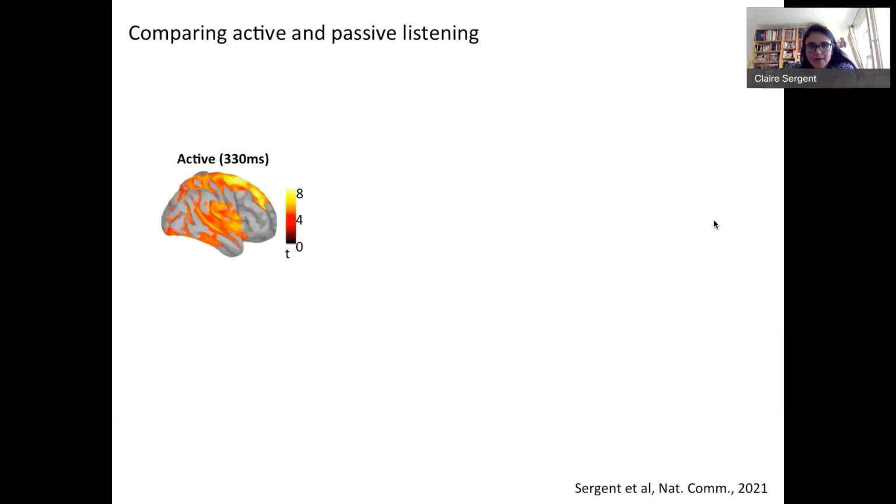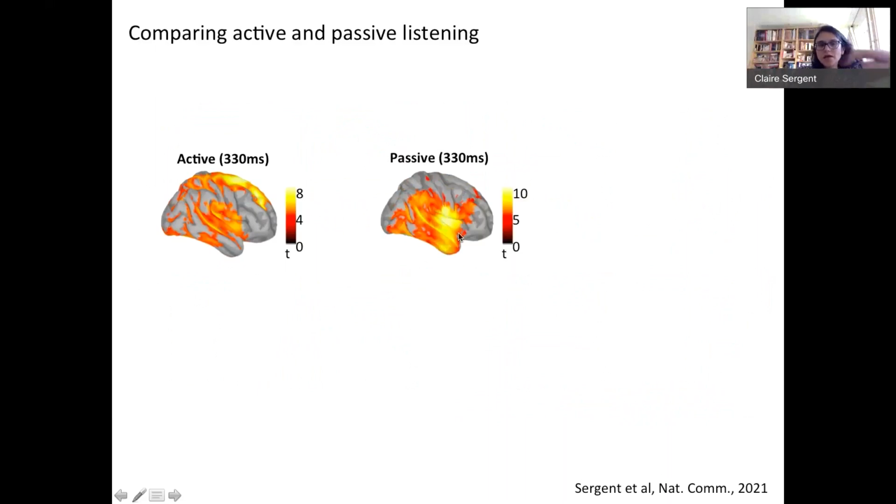So the last thing we can do is try to reconstruct the cortical sources of these late activations. And we see that in the active condition, we have this whole network that is activated. In the passive condition, the network seems to be reduced, but we still see activations in temporal, but also frontal and parietal areas.